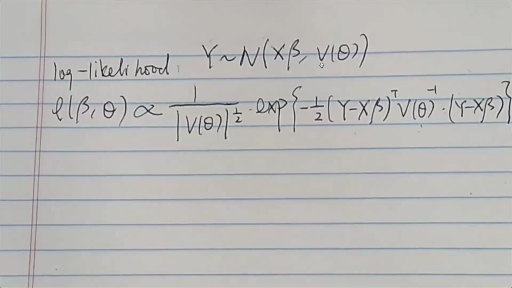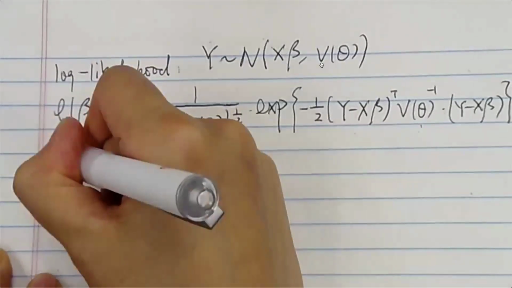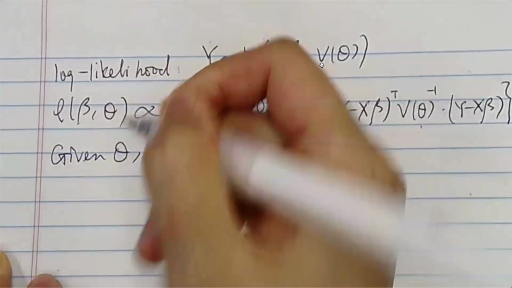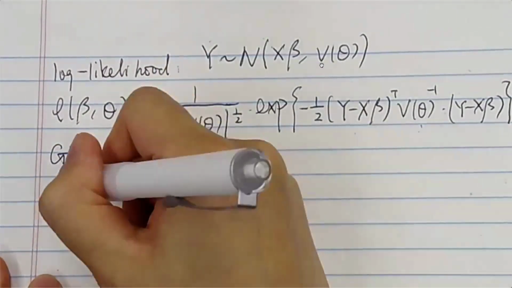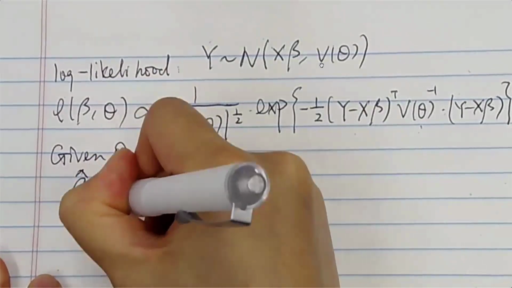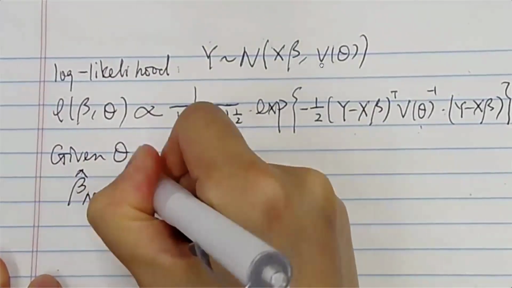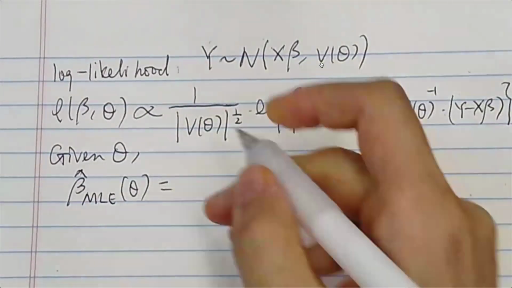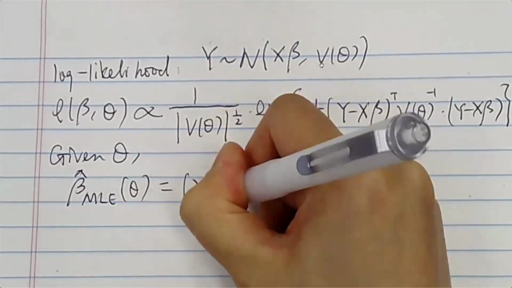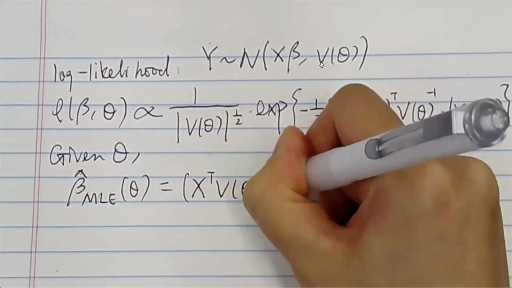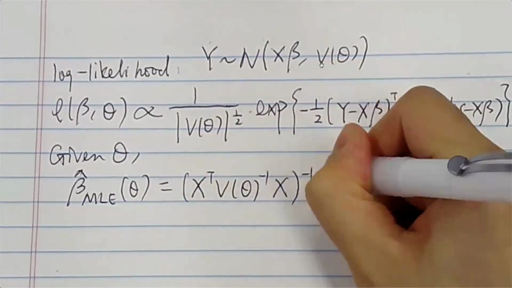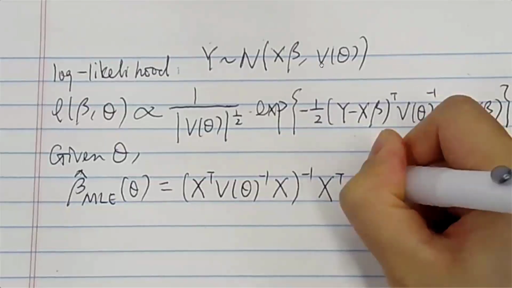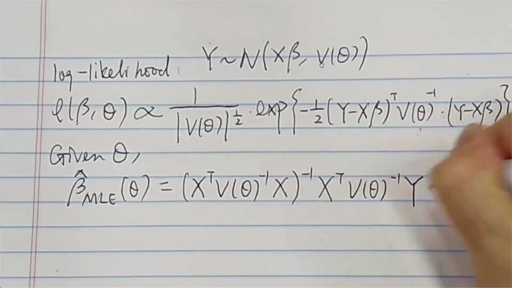If we fix theta and just optimize beta, given theta, we can easily see that the beta hat MLE becomes a function of theta. It's just the formula we are familiar with: x transpose V theta inverse x, inverse, times x transpose V theta inverse y.